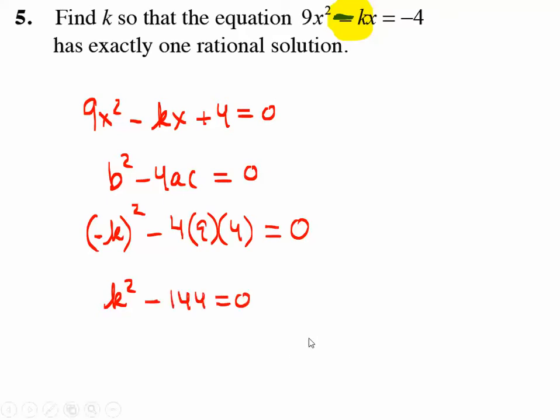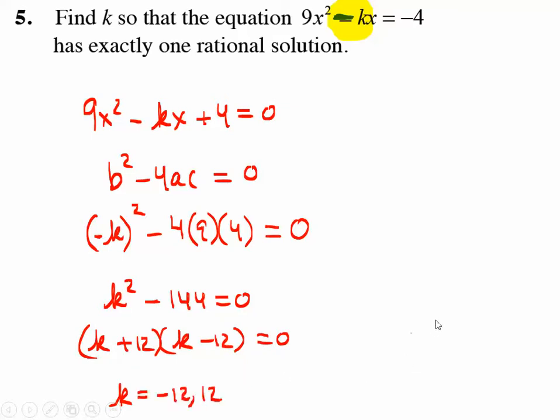Okay, can you solve for k? Yeah, it's factorable, right? So we don't need the quadratic formula. This factors into k plus 12, k minus 12, so therefore k is equal to either negative 12 or positive 12. Both would work, which is kind of weird.